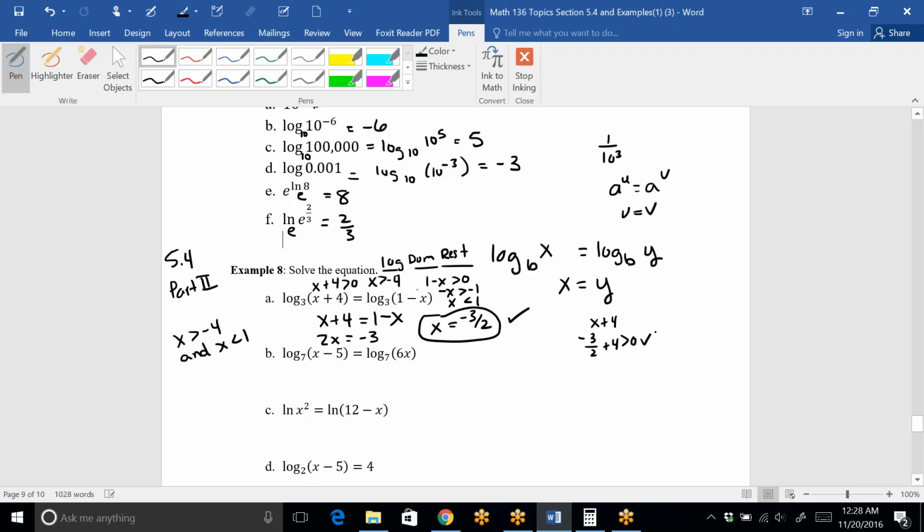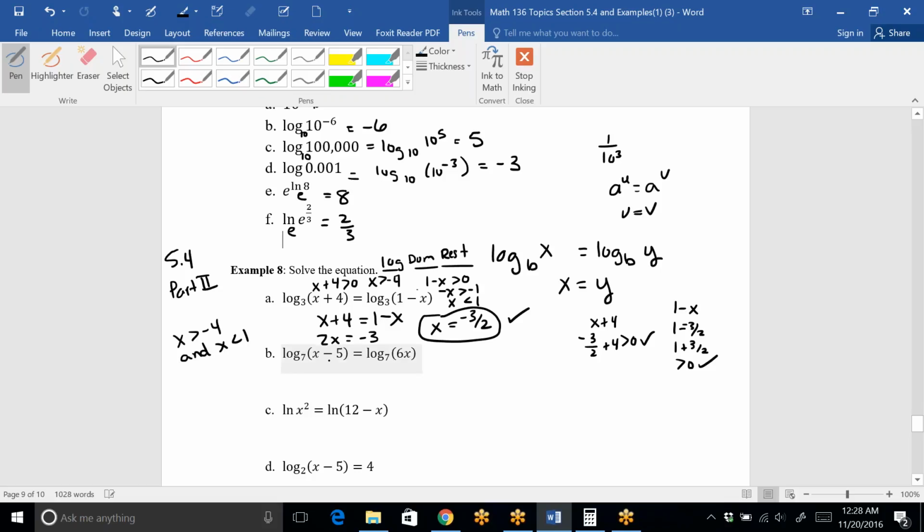If it's greater than 0, it's a check. 1 minus x, 1 minus negative 3/2 is 1 plus 3/2, greater than 0, check. So instead of actually finding the full domain and writing it out like this, you could just check to make sure each part is greater than 0. You cannot have 0 in your argument or a negative. And that's based on, remember, the inverse functions and how domain and range are solved.